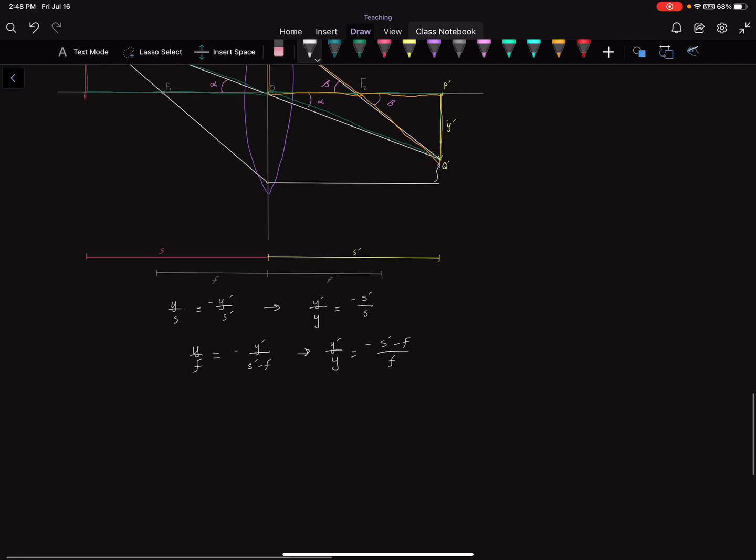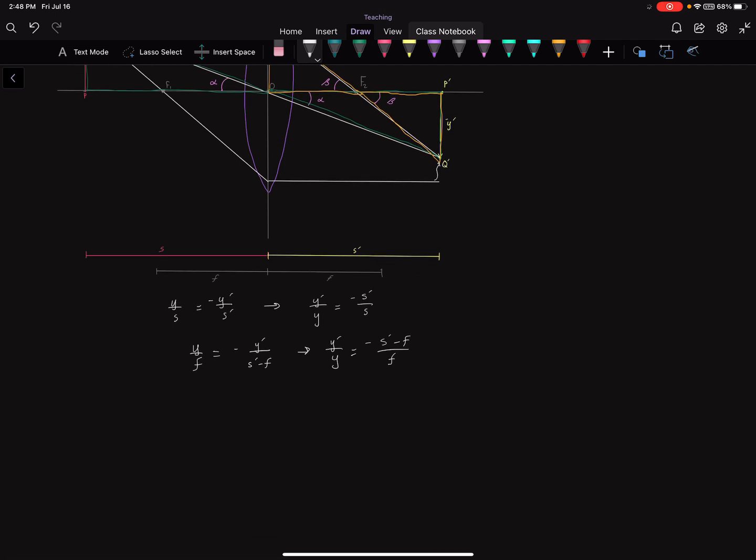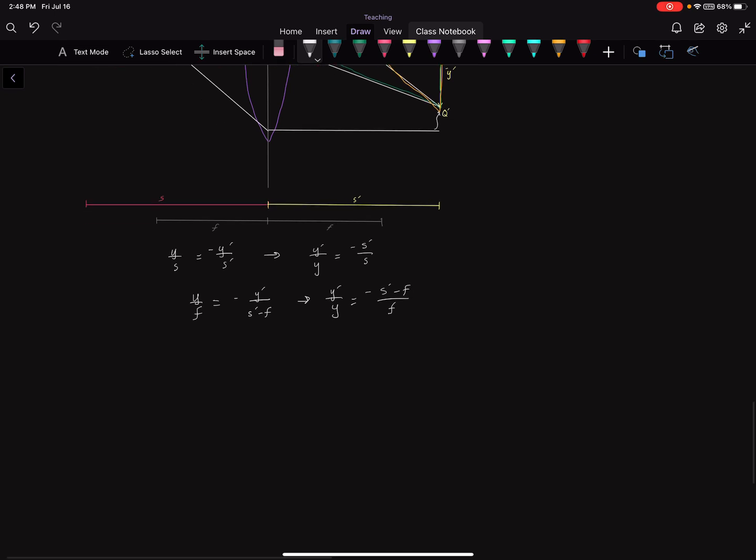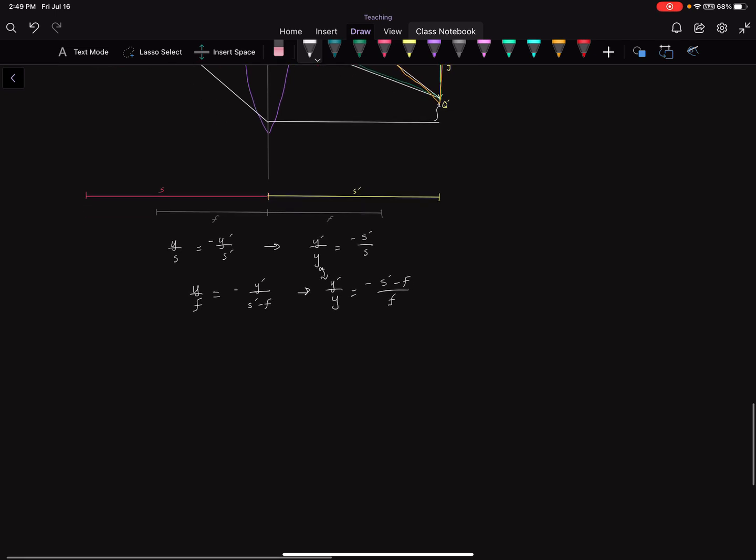All right. So therefore, we can equate these two and divide by s prime to find a relation. So if we equate these two here, right, then we can see that negative s prime over s is equal to negative s prime minus focal length over the focal length. All right.